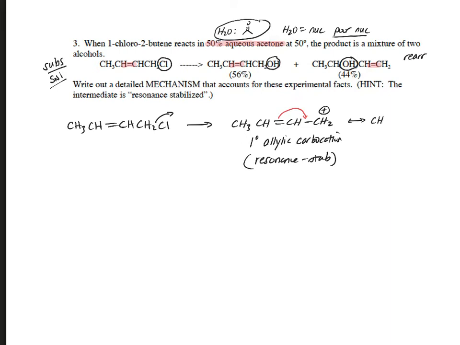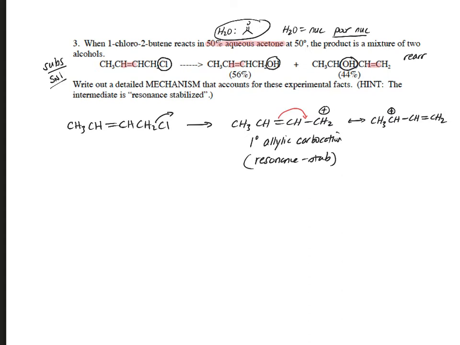So it's going to be CH3, CH, and then another CH double bonded to a CH2. So that's the new location of my pi bonds, now at the end. And the plus charge has been relocated to one of the internal carbons. So that basically shows the delocalization of that positive charge.